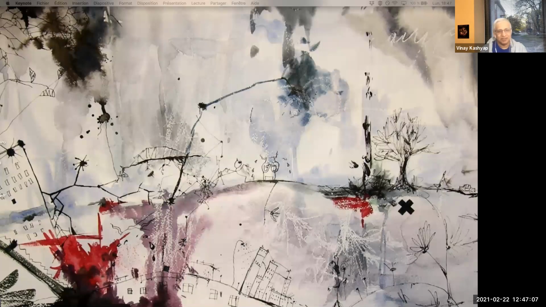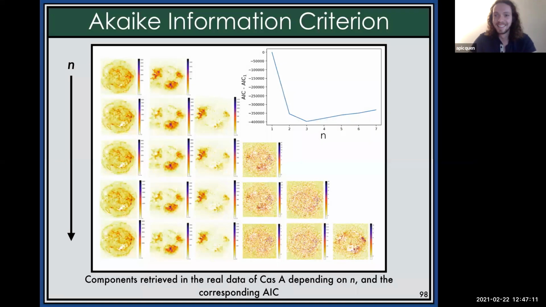Sorry, can you go back? I have a couple more questions. This is a very nice figure, and I think very informative. One is a follow-up from what David was asking. You chose n equals 3 as the smallest AIC, right?